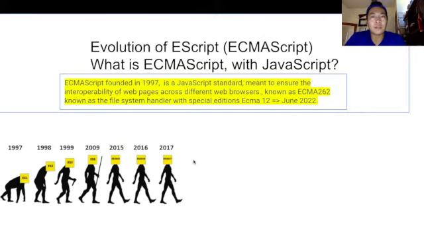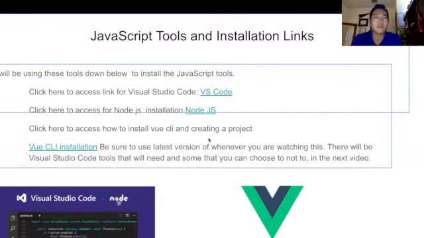Like I said, it's just the foundation of JavaScript and how people can code inside the tools that we'll be needing to install here in a bit. You can just imagine how many users used JavaScript back then until now, or Visual Studio Code back then until now. So that's a bit about ECMAScript and EScript.